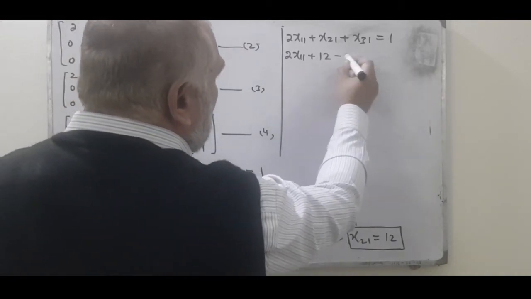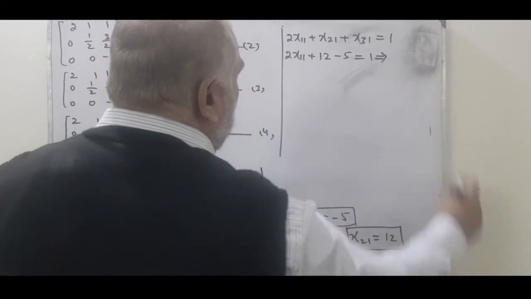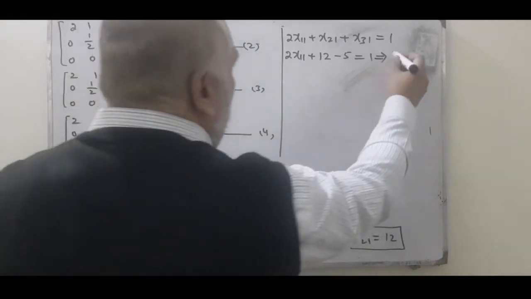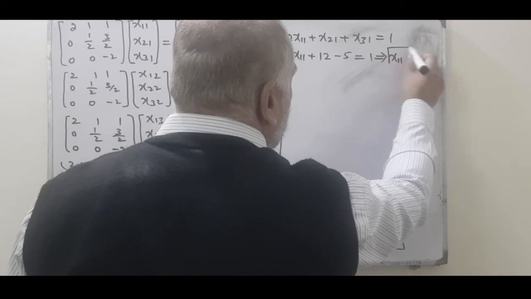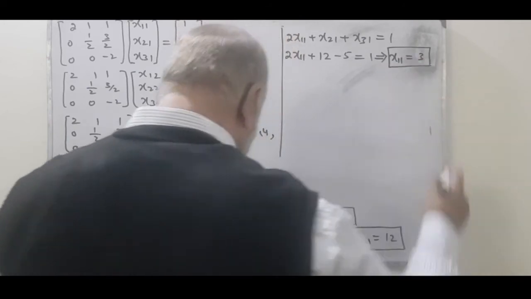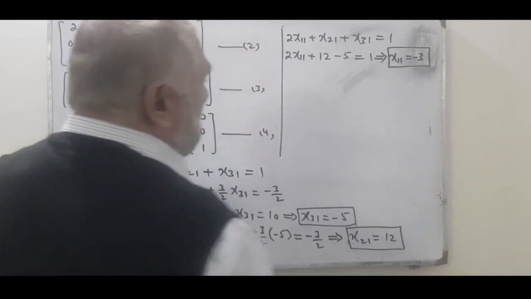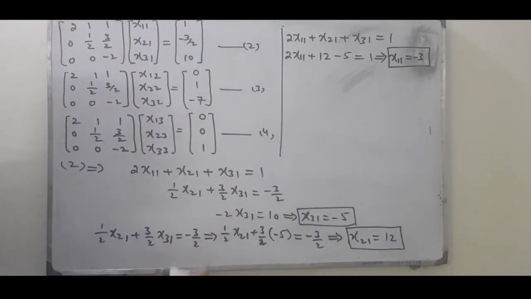So I take it minus 5 here. And the net result is equals to 0. And now you have to solve it for x11. So x11 is equals to minus 3.